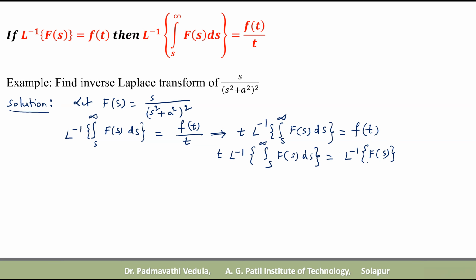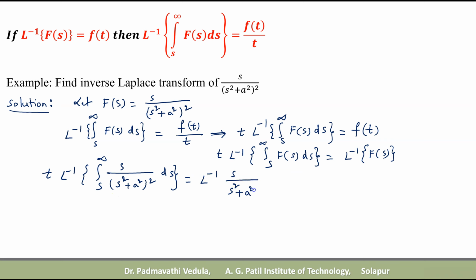Now let us replace this general term F of s by this particular expression. Then we get t into L inverse of integral s to infinity s by (s square plus a square) whole square ds equals L inverse of s by (s square plus a square) whole square.